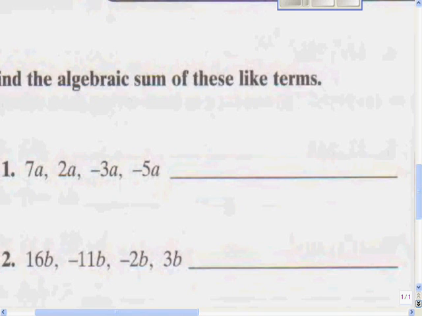When there is no sign in front of the number like we have here, the sign is understood to be positive. So what we have is 7a plus 2a, right? And both of these are positive, so the signs are the same, so I'm going to add. What's 7a plus 2a? We get 9a.